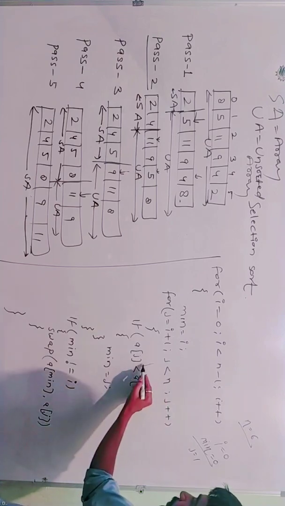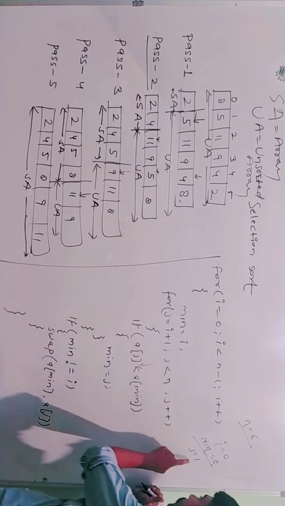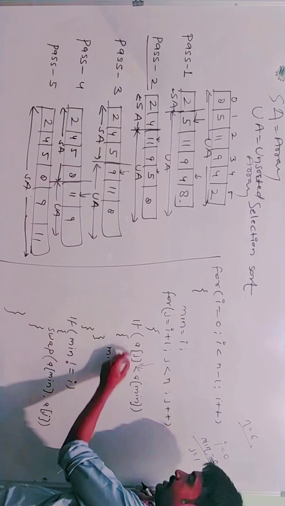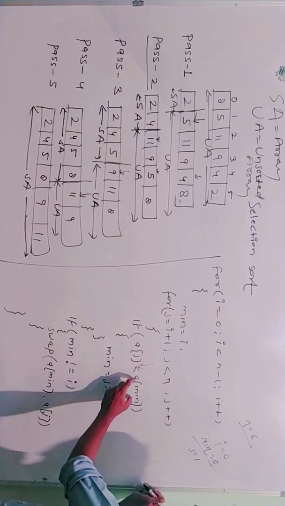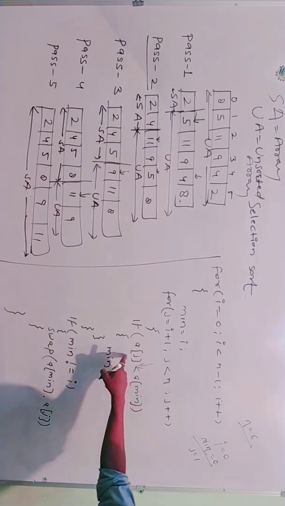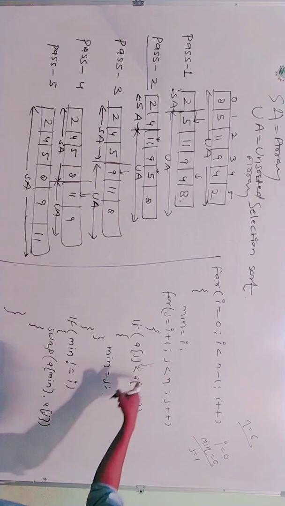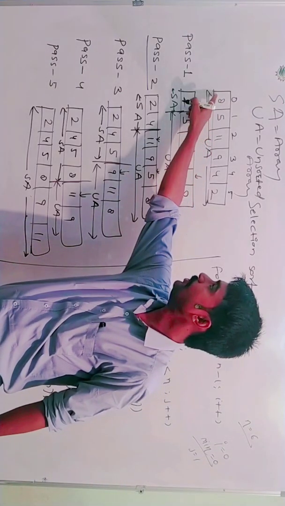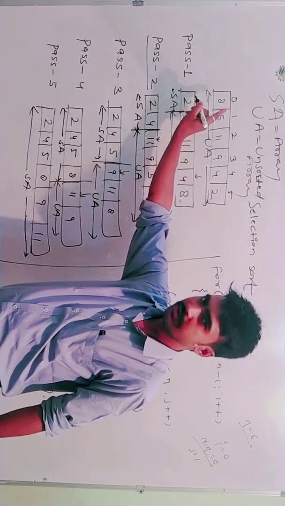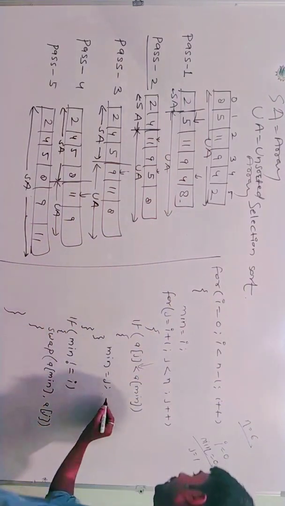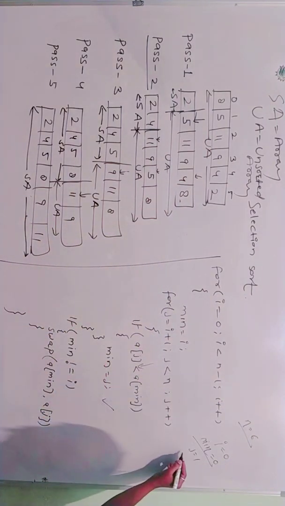The condition is true. Now if, what is the value of j? 1. Is A of 1 less than A of minimum? A of 1 is less than A of what? 0. Yes, A of 1 is less than A of 0. Then minimum becomes 1.